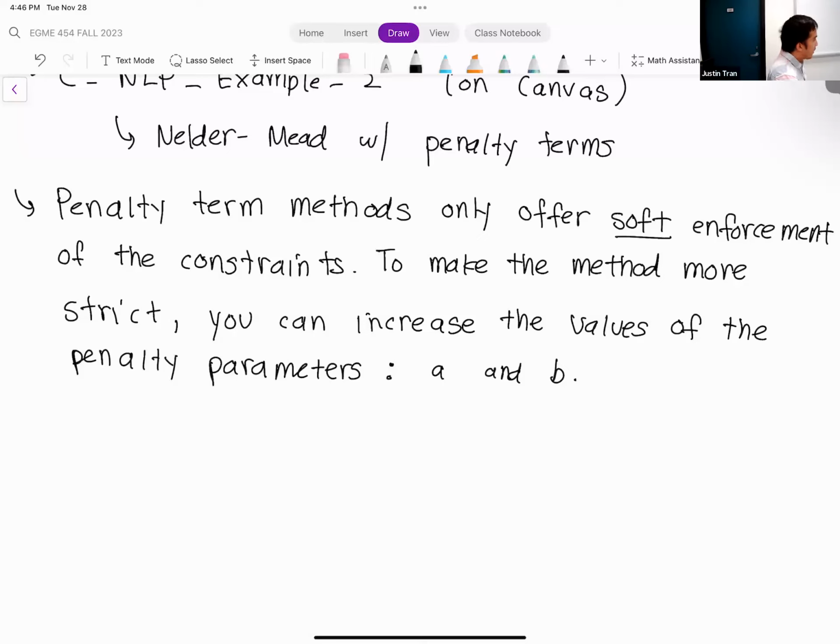In the case when you have a lot of different constraints, you can include more than 2 penalty parameters. Because what can happen sometimes, and you'll probably experience this with the final project, is that there are going to be certain constraints that are very hard to satisfy in your optimal solution. And so in those cases, you can individually assign them a penalty parameter to make sure that the optimization satisfies that constraint.